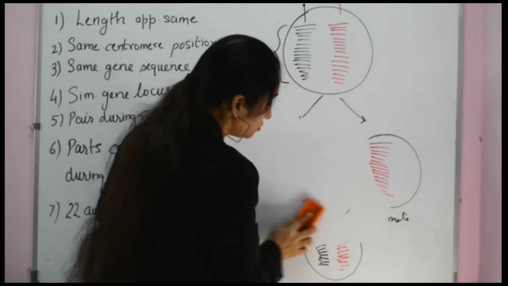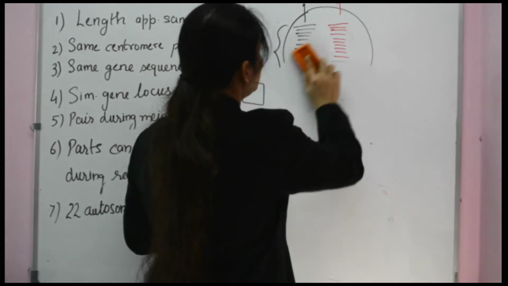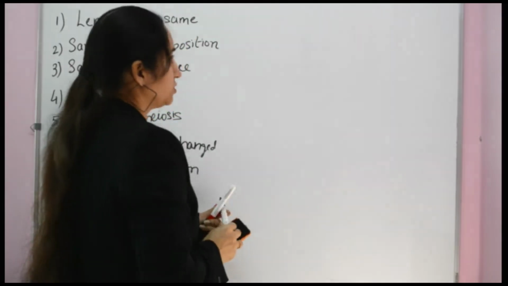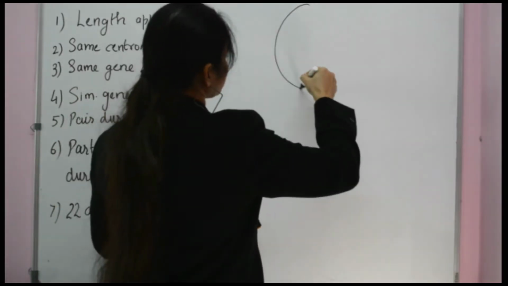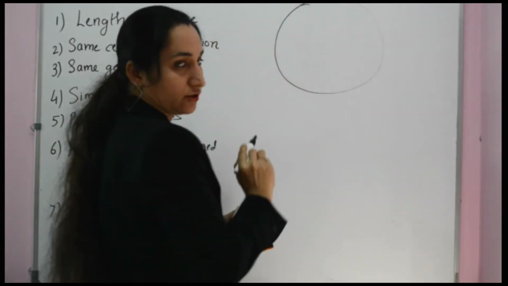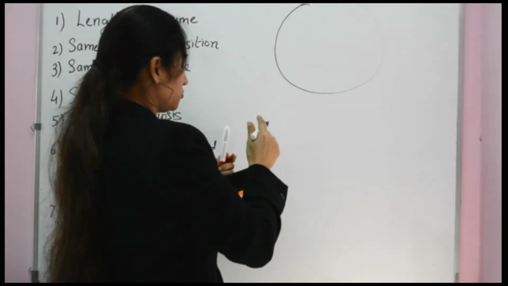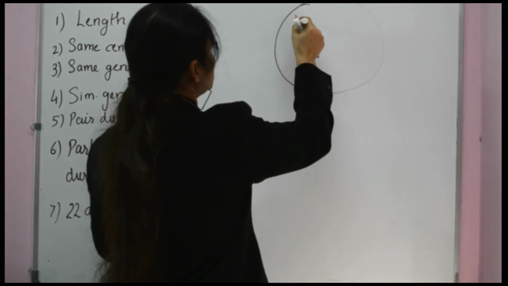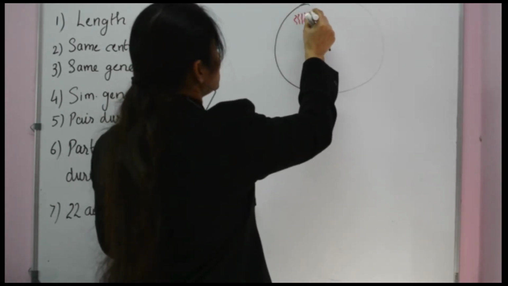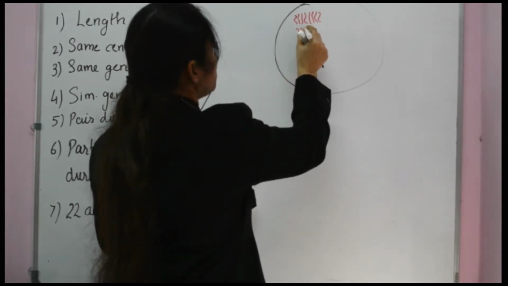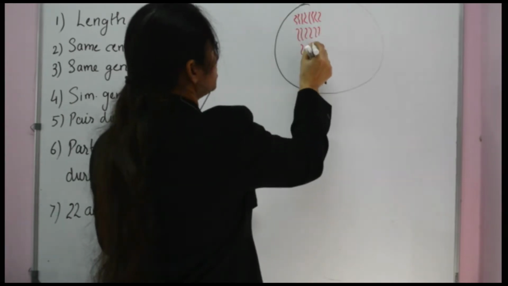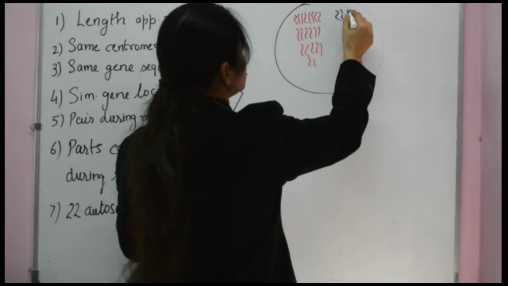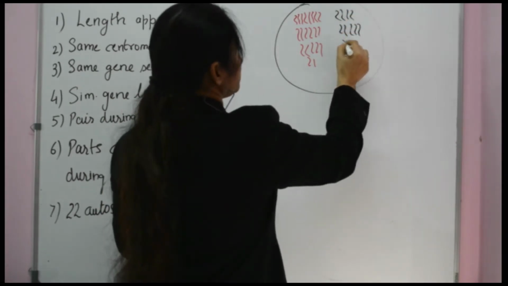Now let us come to the homologous pair of chromosomes. What is a homologous pair of chromosomes? Let us suppose this is a zygote, right? How many chromosomes does this zygote have? It has 23 chromosomes from the mother's side and 23 chromosomes, let us suppose, from the father's side.